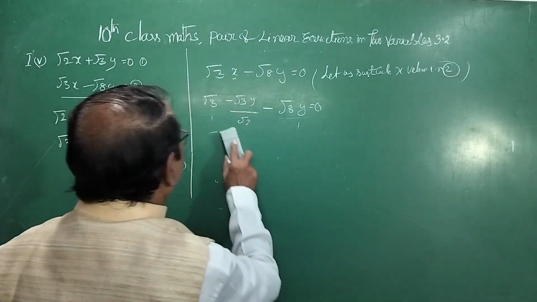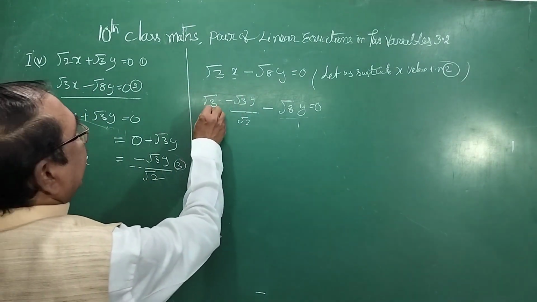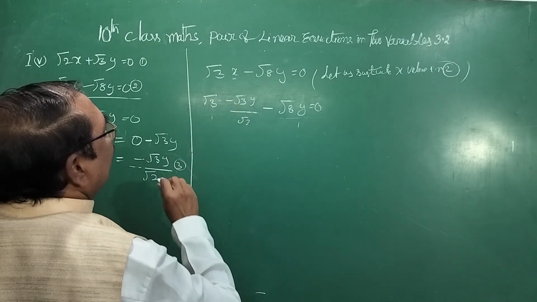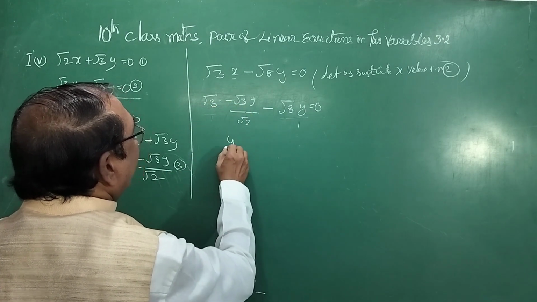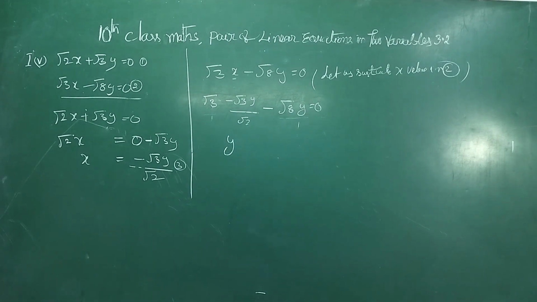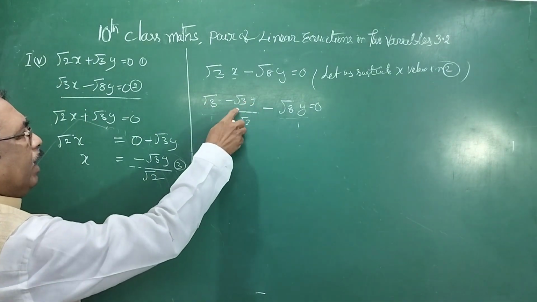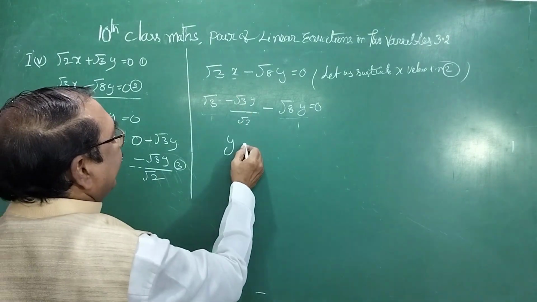Here plus root 3 and minus root 3 will be cancelled, and only y remains.